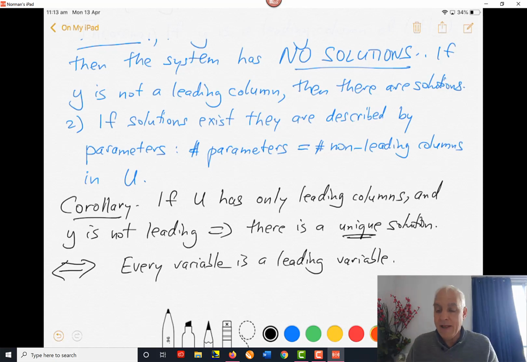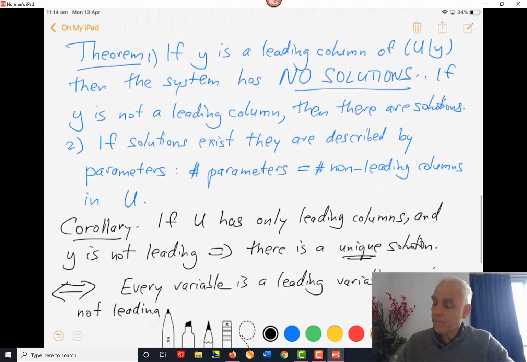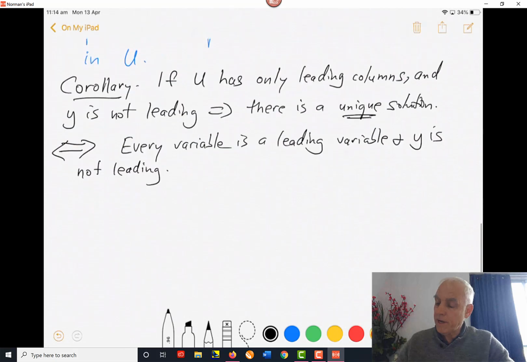And so if all of those are leading, then there are no non-leading columns. And then we have the solution. So if every variable is a leading variable, and Y is not leading, we still have to have that condition. Okay, great.